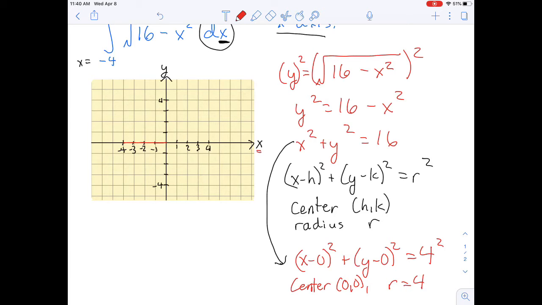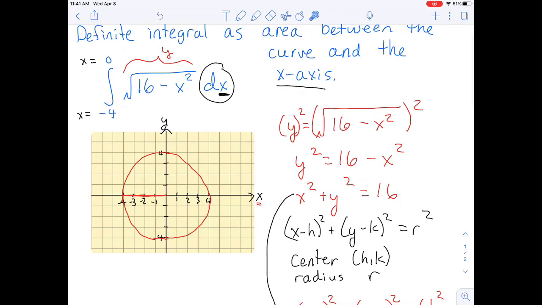So I can draw, roughly speaking, center (0, 0), pretend this is a good circle here. And then the question is, okay, well, the area between this part of the x-axis, am I going to take the upper region or the lower region? And in this case, when I look at my original integrand, we assume that there's a positive in front.